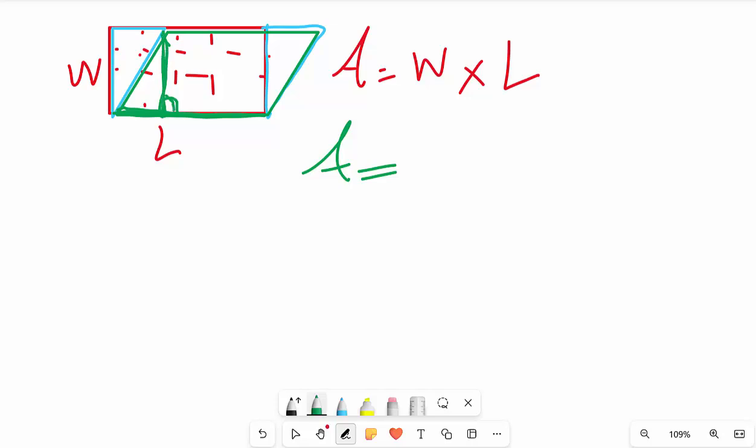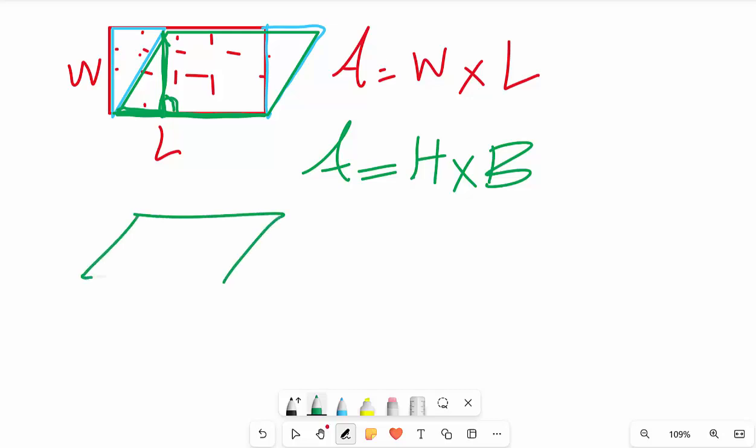So we will have h multiplied by its base, which we name b. So this is the formula of the area of a parallelogram as we saw, and we get this.